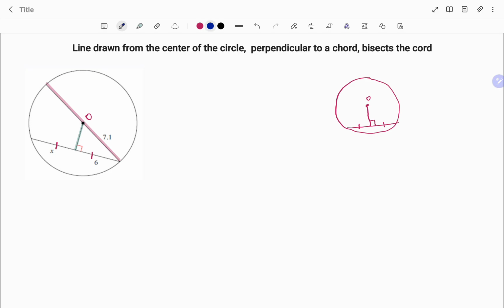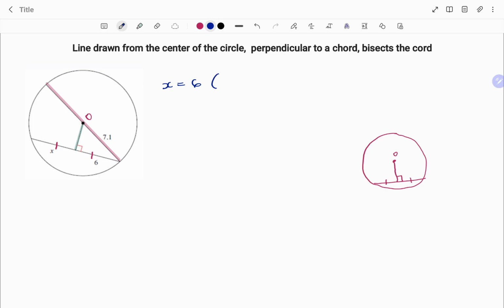That is, x will be equal to 6. And the reason is the perpendicular bisector of chord.